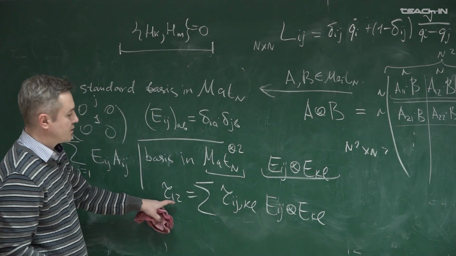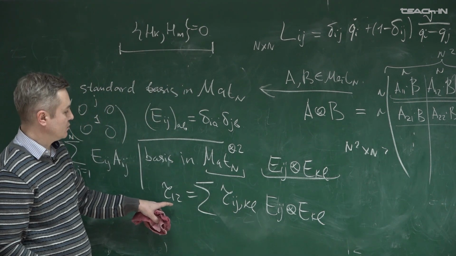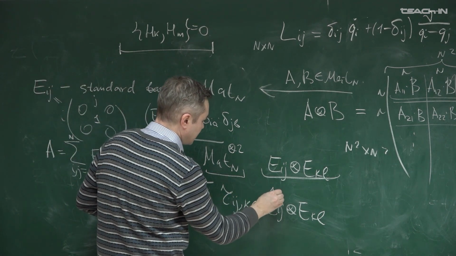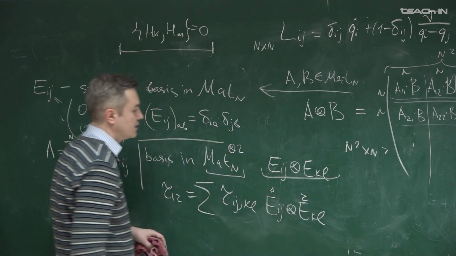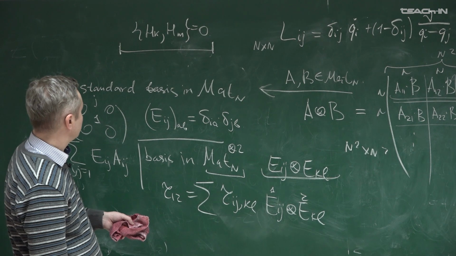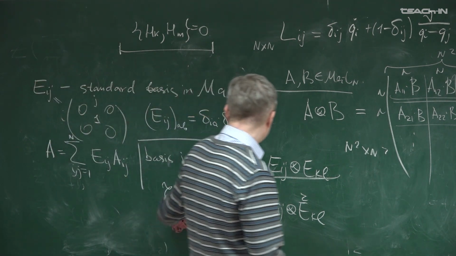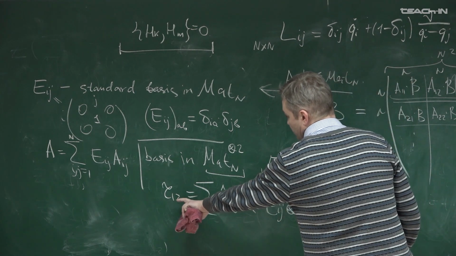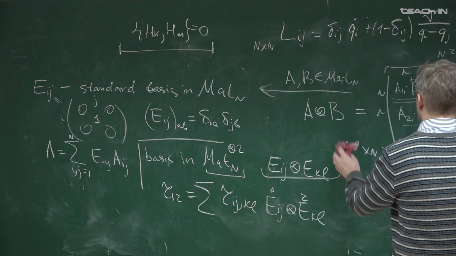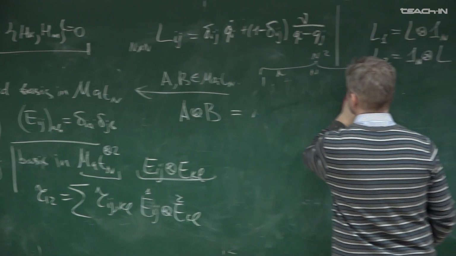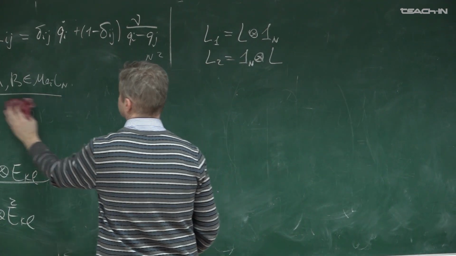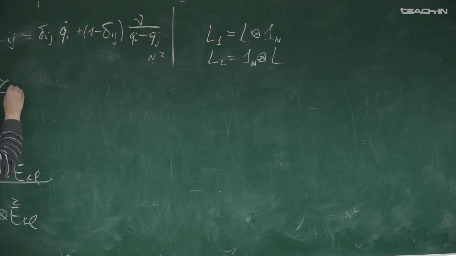And I put here 1, 2, assuming that 1 is the first tensor component, and 2 is the second tensor component. So I will also use notation where if I write some object from the space like this, I will also sometimes write R21, meaning that I change the tensor components.